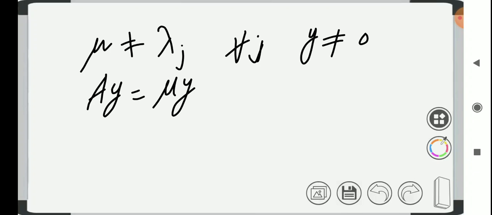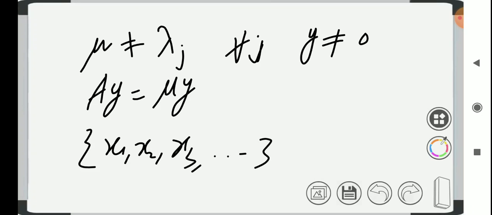Also we have our basis x1, x2, x3. These are orthonormal. Then the inner product of y with xj must also be equal to 0 for all j.